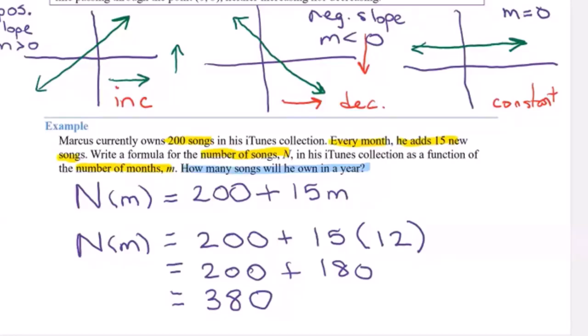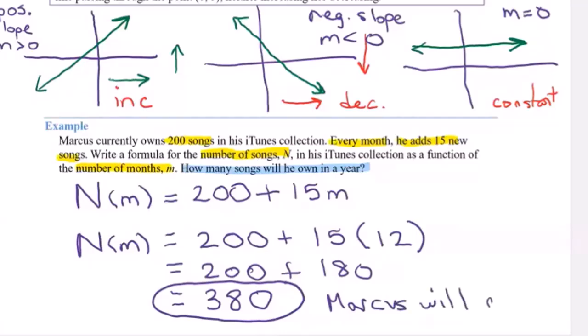How many songs will he own in a year? 380. Marcus will own these 380 songs. Okay.